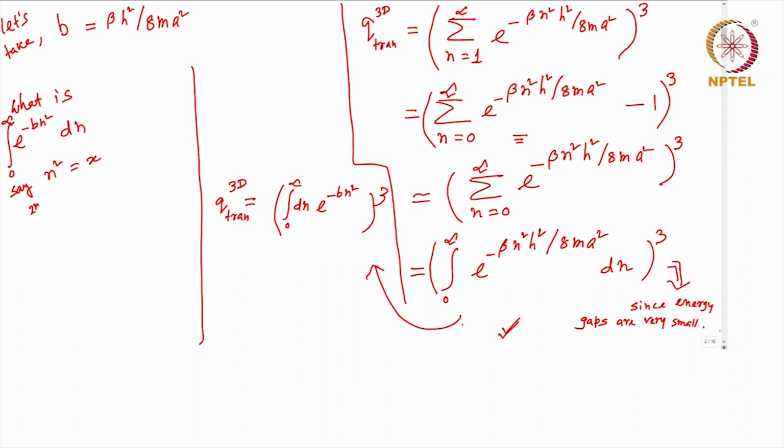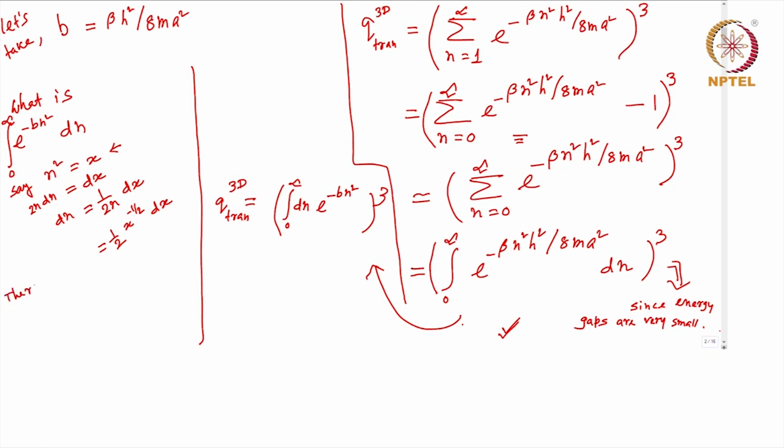So therefore 2n dn is equal to dx. So from here you get dn is equal to 1 by 2n dx, and since n square is equal to x, I replace n with x, and therefore half of x to the power minus half dx is my dn.